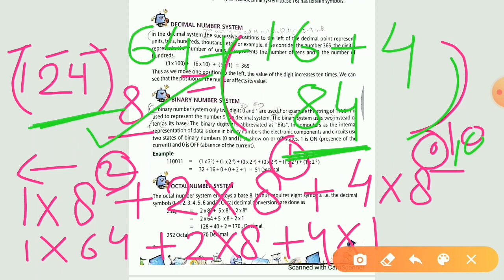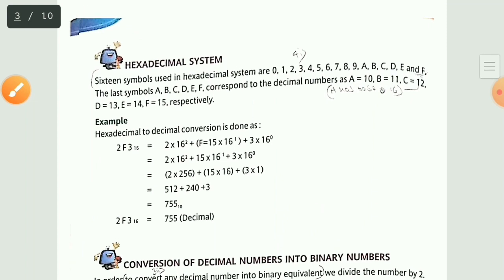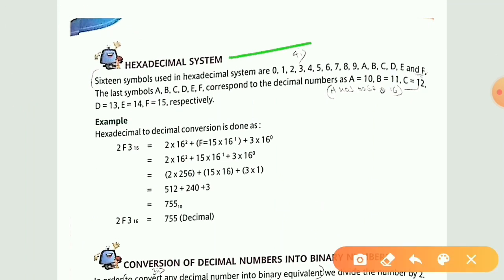Okay, now moving on with your hexadecimal number system. Now see students, previously also we have seen that the hexadecimal number system has base 16. So base 16 means what? It is going to give you 16 digits or characters.